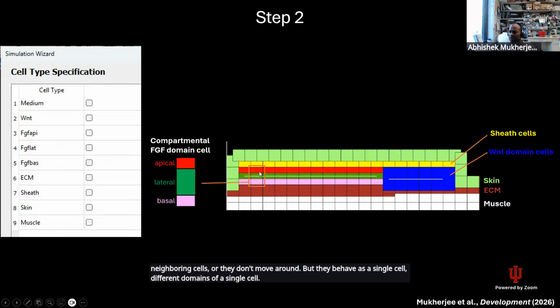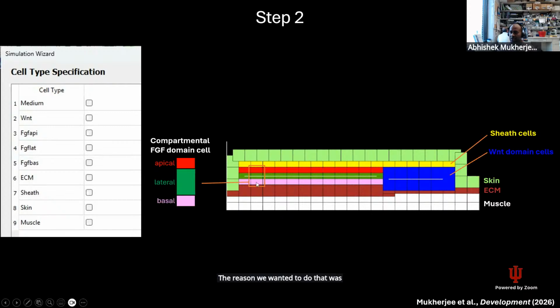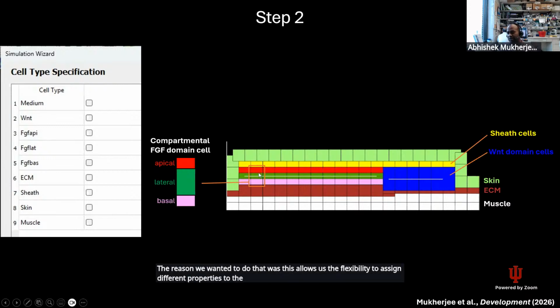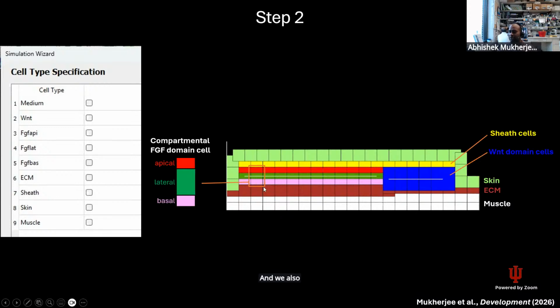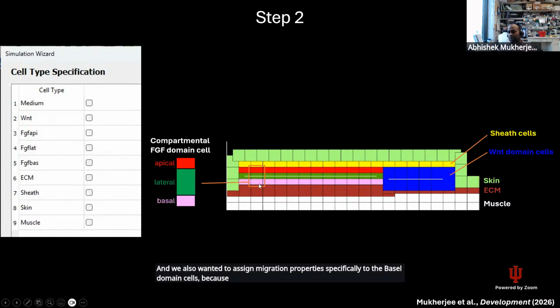The reason we wanted to do that was this allows us the flexibility to assign different properties to the different domains. For example, we wanted the red domain or the apical domain cells to come closer to each other than the green domain cells, and we also wanted to assign migration properties specifically to the basal domain cells, because in our model, these are representing the basal feet.